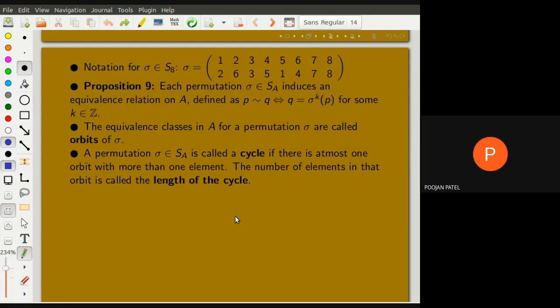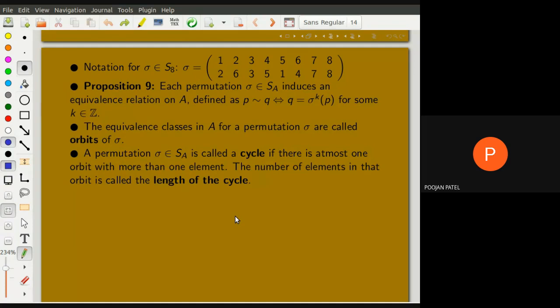But sir, in the list of orbits, at most one orbit has more than one element. But here, more than one orbit has more than one element. So give me an example. Like 2, 1, 4.